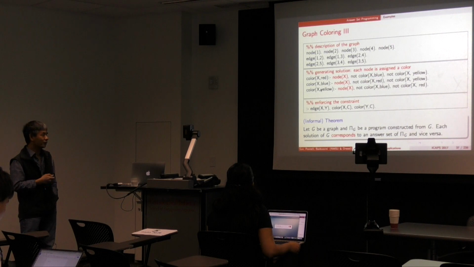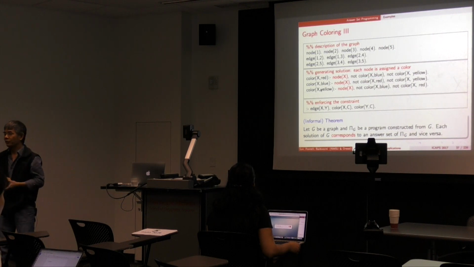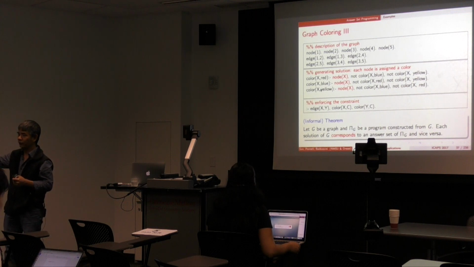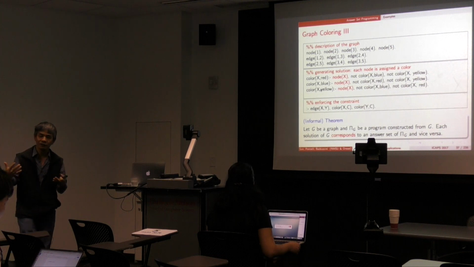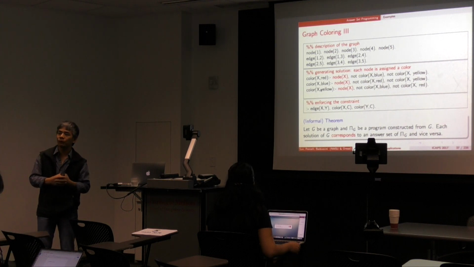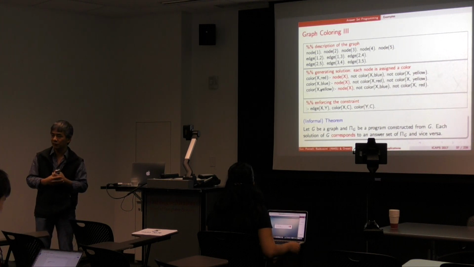We can easily show that if we have a graph G and the program P of G stated in this way, each answer set corresponds to one solution and vice versa. If the program doesn't have an answer set, that means the problem is not solvable.